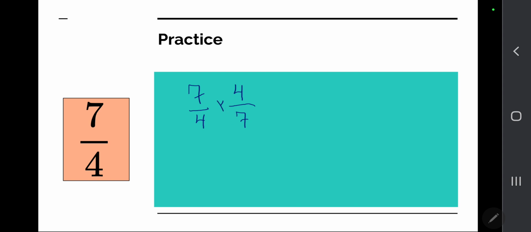So let's multiply these together to make sure that we get back the identity of multiplication, since 4/7 is the inverse. All right, so 7 times 4 is 28, and 4 times 7 is 28. And indeed, we can simplify that to 1. All right, so our multiplicative inverse is 4/7.